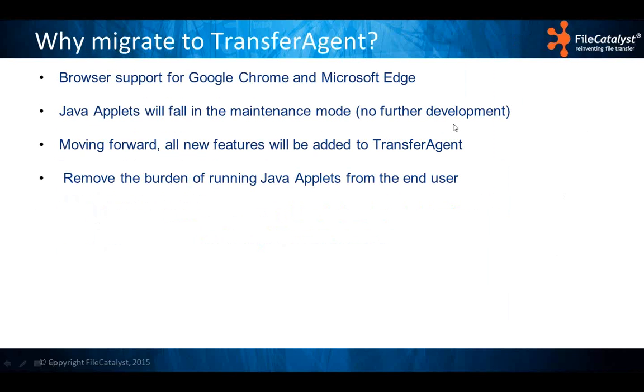First of all, Google Chrome announced that they will drop support for Java applets by the end of October, I believe October 20th to be exact. Microsoft Edge, the new browser that comes with Windows 10, also doesn't have support for Java applets. It's not particularly the Java applets that have been taken out.